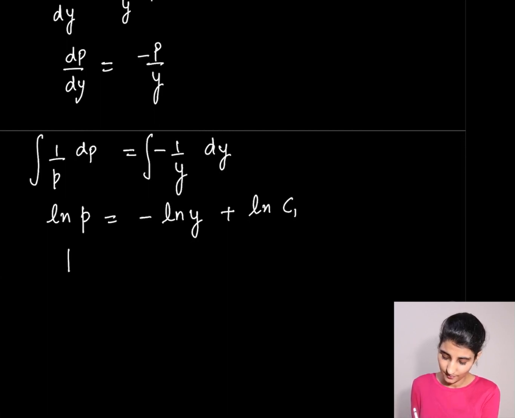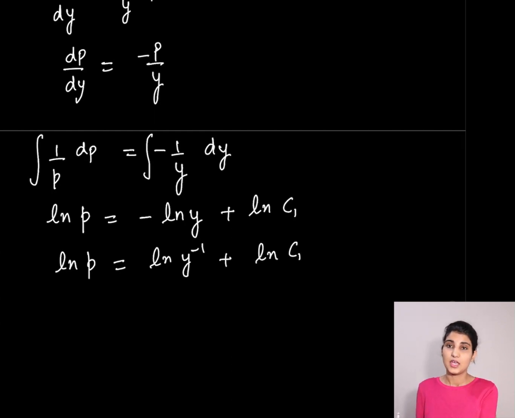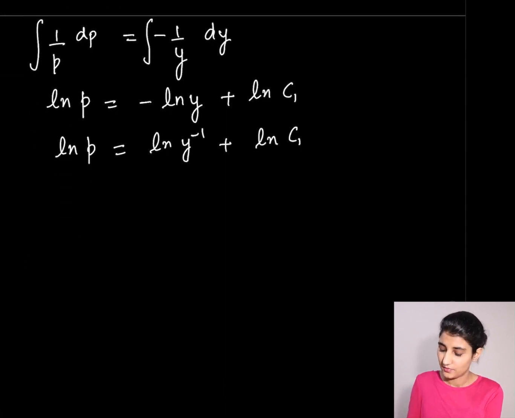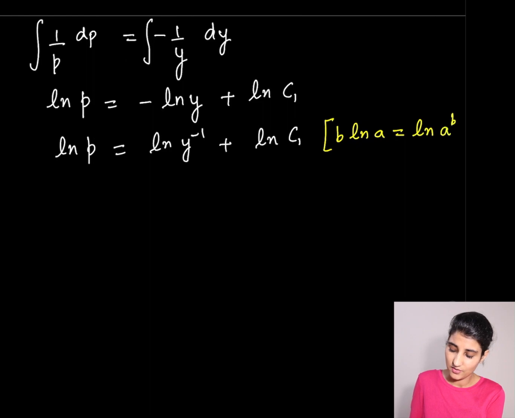So ln p is equal to ln of y power negative 1 plus ln c1. Here we are using the property of log, which is b times ln a is equal to ln a power b.